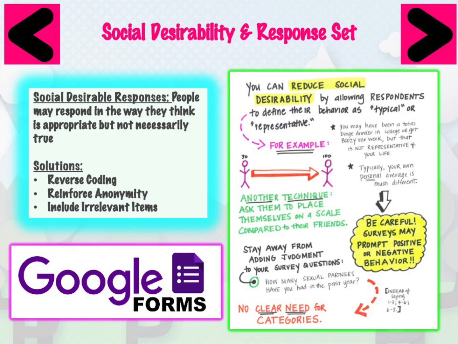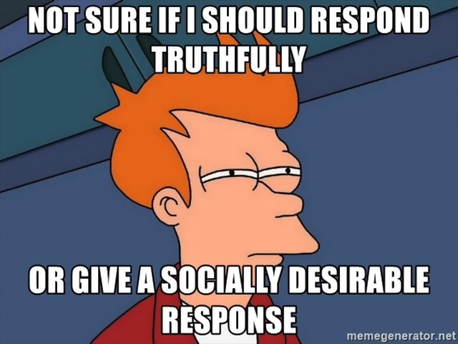So when we use the survey method and give our participants these questionnaires, there are some things that we need to look out for. Those things are called socially desirable responses and a response set. A socially desirable response is where people may respond to the question that's measuring your variable in the way they think is appropriate but is not necessarily true for them.